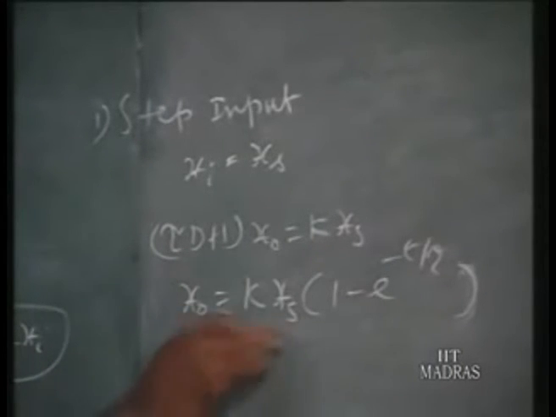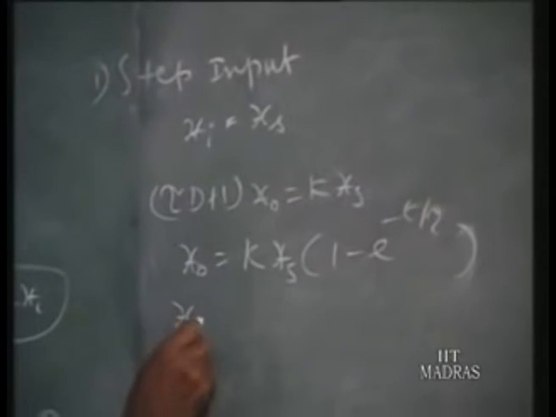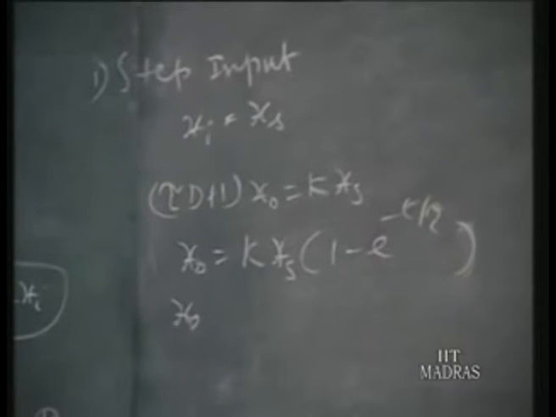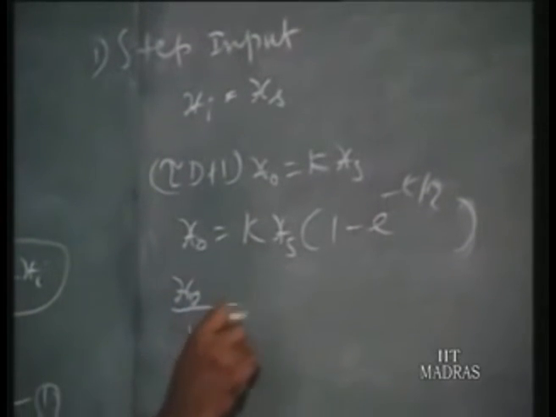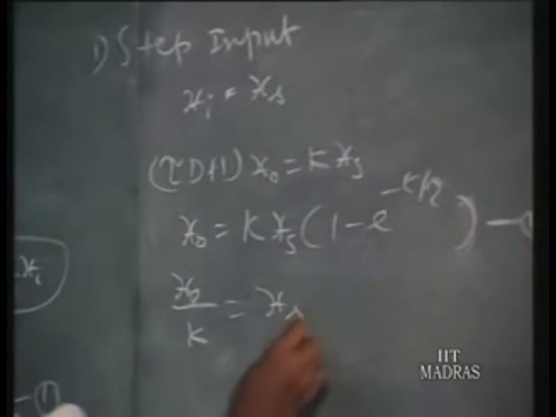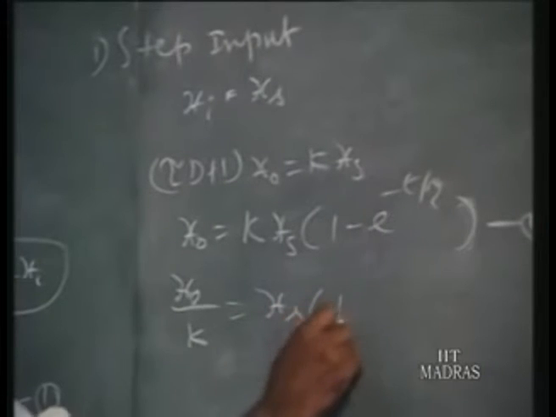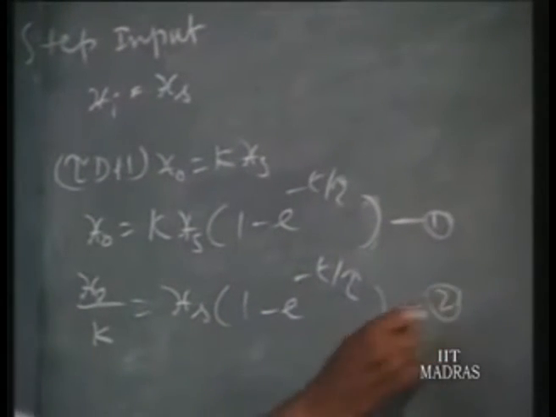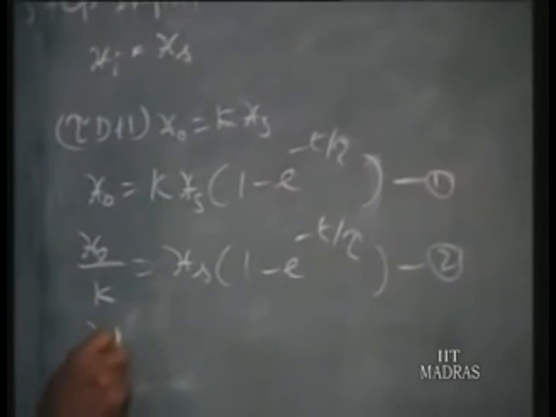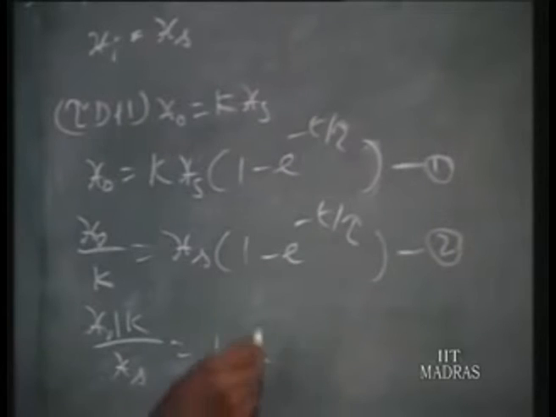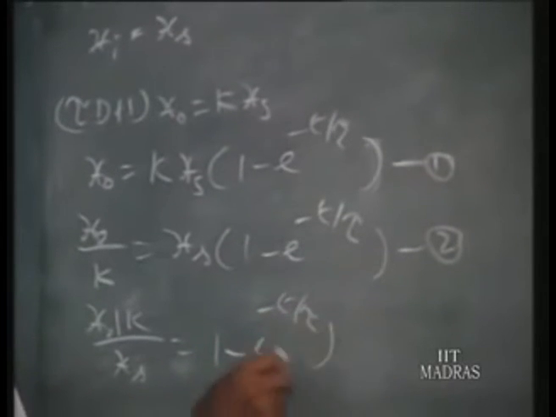So this can be understood in three ways. The same equation can be written in different ways: XO equals K Xs into (1 minus e to the power of minus t over tau); XO by K equals Xs into (1 minus e to the power of minus t over tau); and XO by K by Xs equals 1 minus e to the power of minus t over tau, which is non-dimensional.